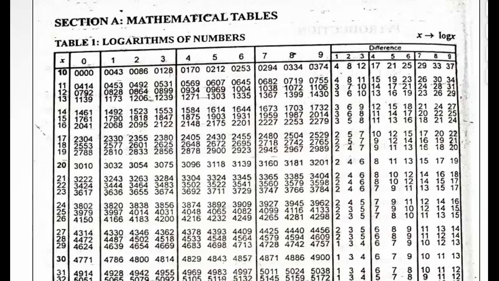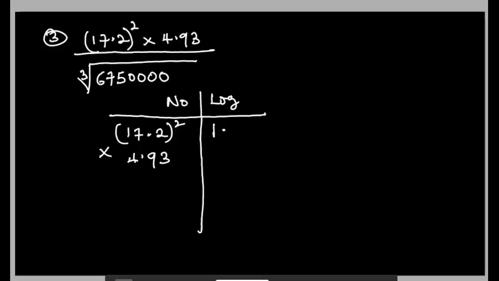17 under 2 is 2355, as you can see under logarithm. So we write it down here as 2355.